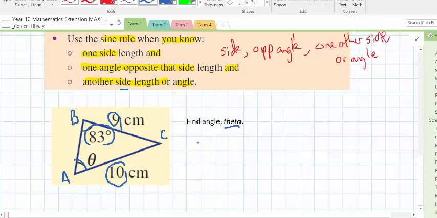Note that angle theta is the same as angle A. So I'm just going to replace the theta with the A, and that way it's consistent with the sine rule.